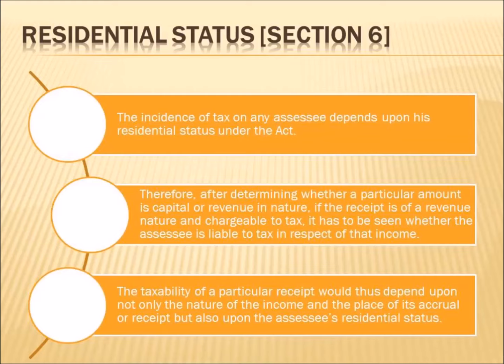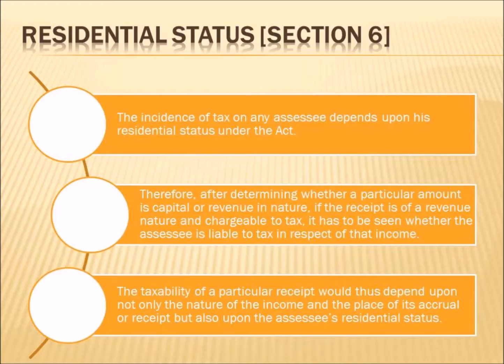After determining whether a particular amount is capital or revenue in nature, if the receipt is of revenue nature and chargeable to tax, it has to be seen whether the assessee is liable to tax in respect of that income.